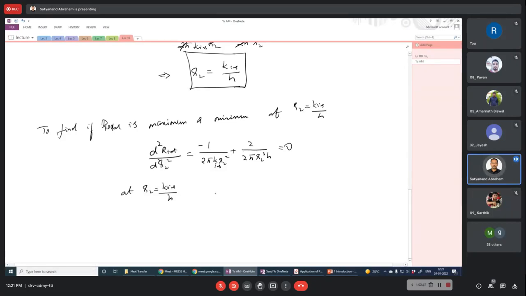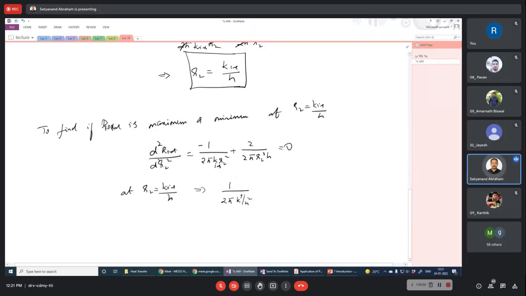What we get is 1 by 2 pi K cube by H square.